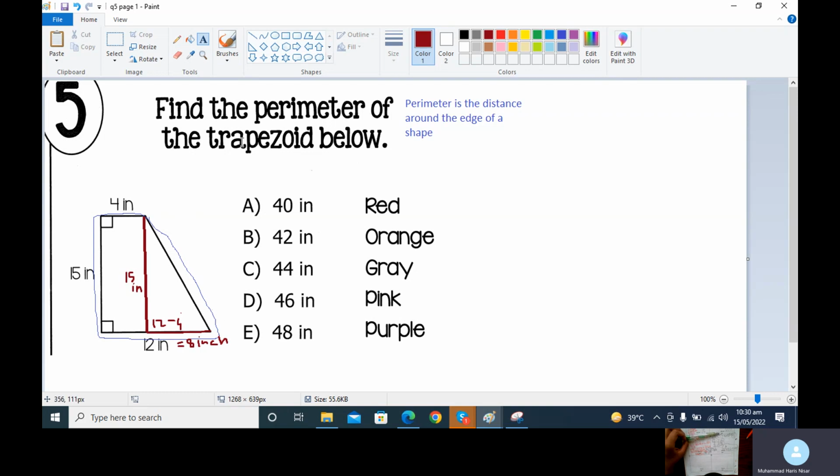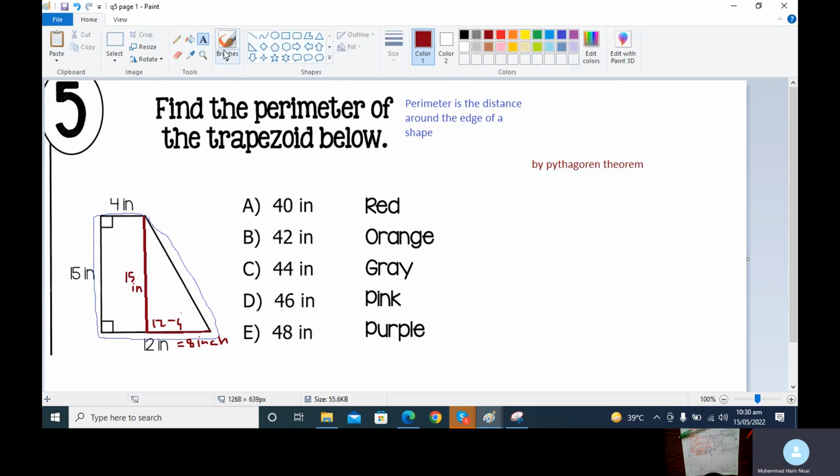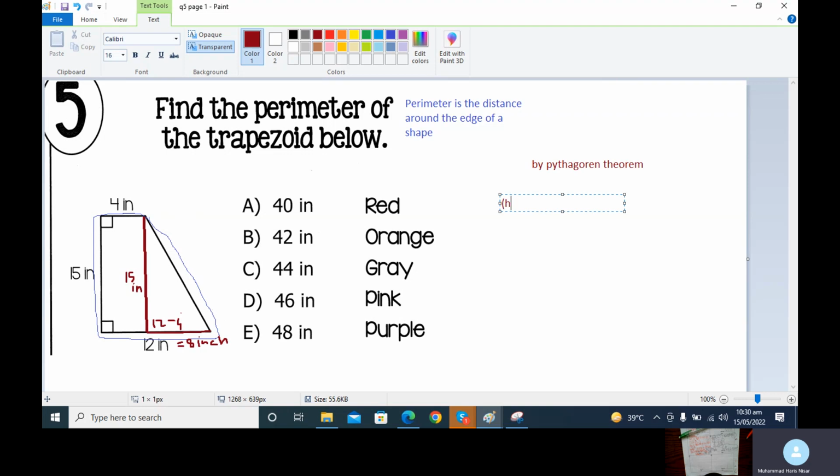By Pythagorean theorem, you have this square plus altitude square.